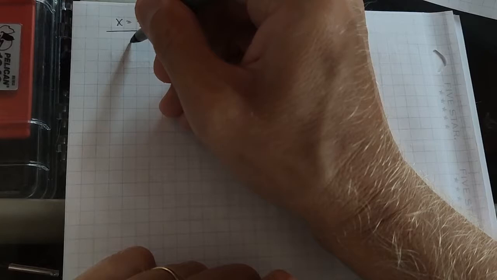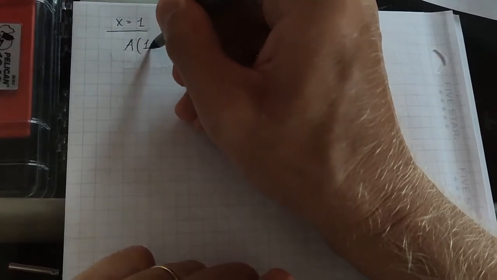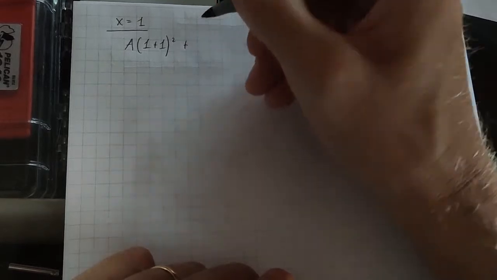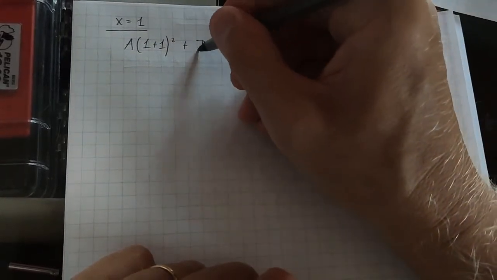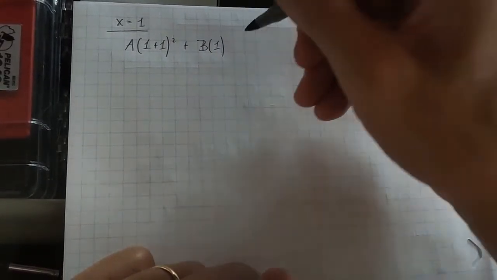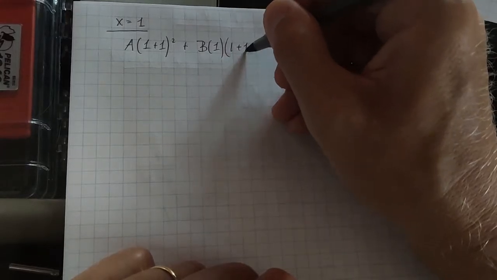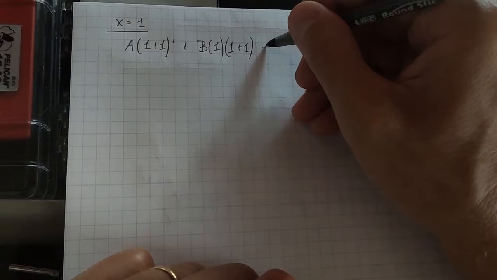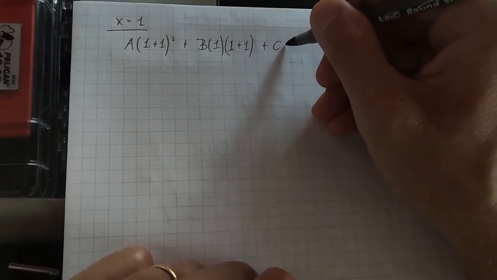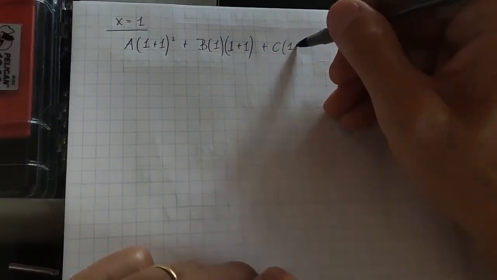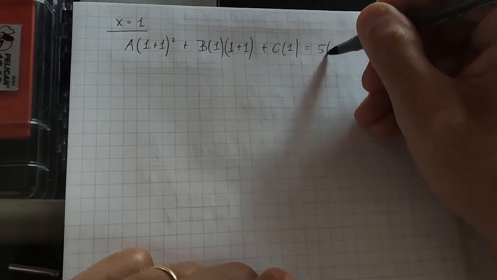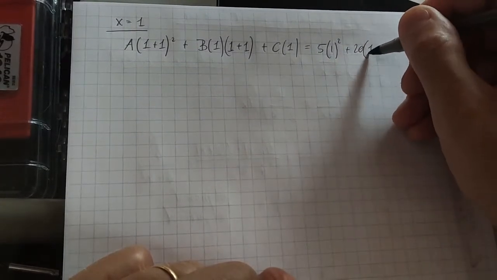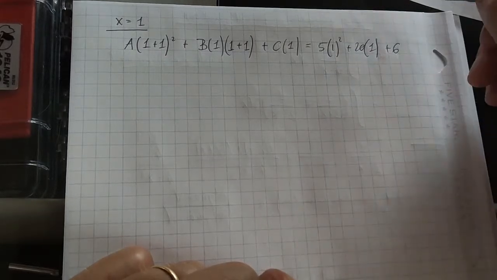So what do I have? I have A times 1 plus 1 squared, plus B times 1 times 1 plus 1, and then plus C times 1. And then here I have 5 times 1 squared plus 20 times 1 plus 6.